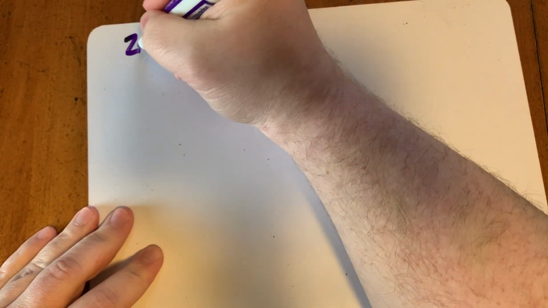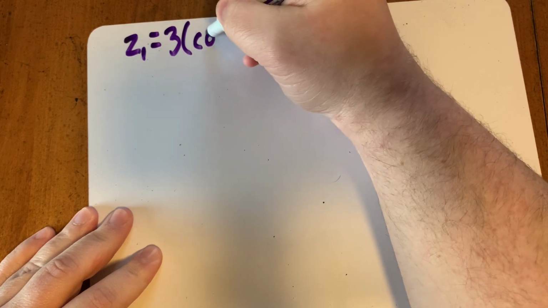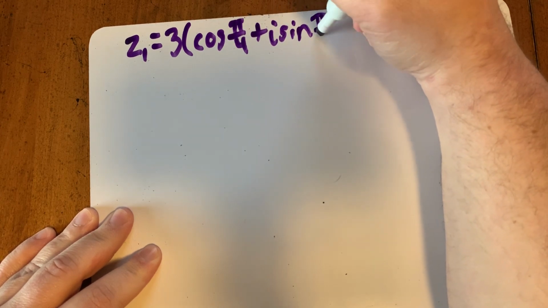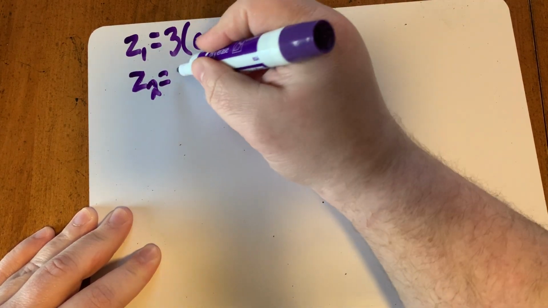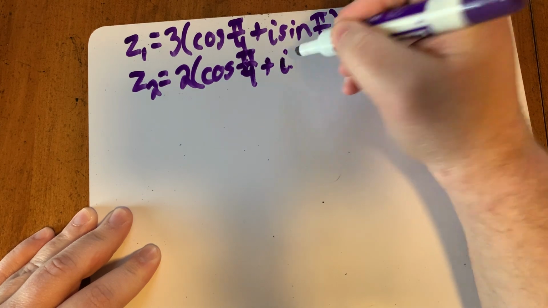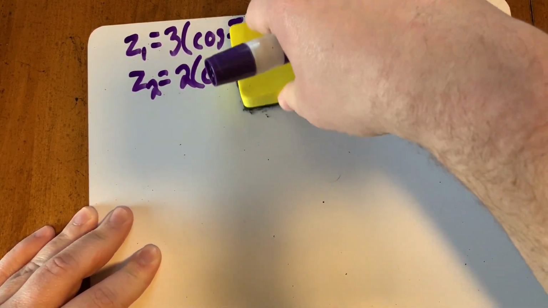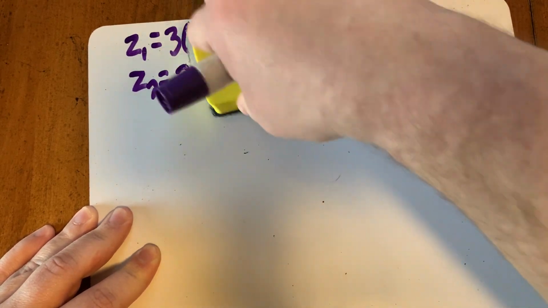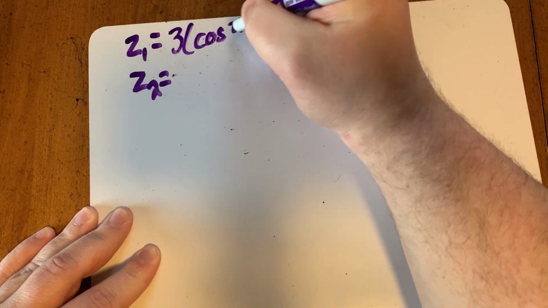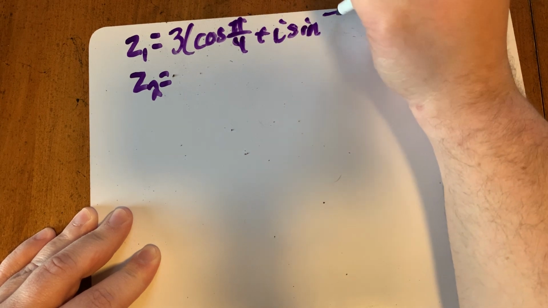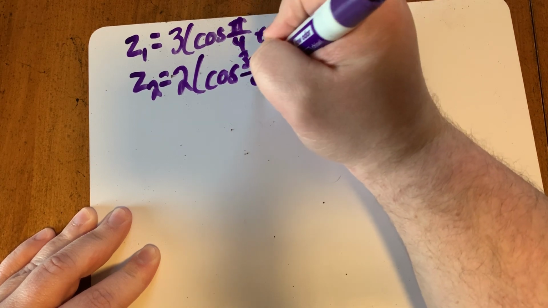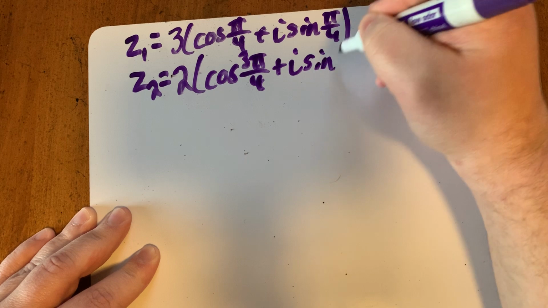Let's say z1 was 3 cosine of pi over 4 plus i sine of pi over 4, and z2 was 2 cosine 3 pi over 4 plus i sine of 3 pi over 4.